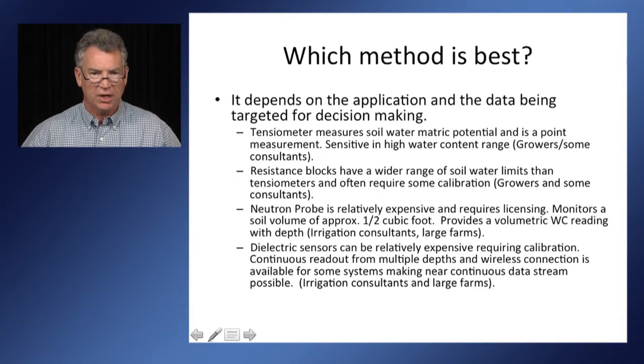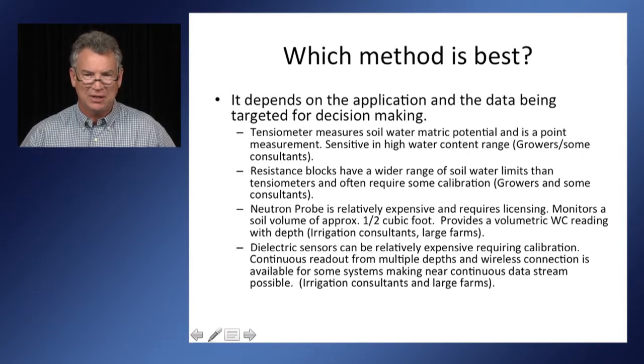So which method is best? Well, it really does depend on the application and the data being targeted for the decision making that you want to make. To give you a little bit of a sense for some of the different methods and advantages and disadvantages, tensiometers measure soil matrix potential, and it's fairly localized, that measurement.